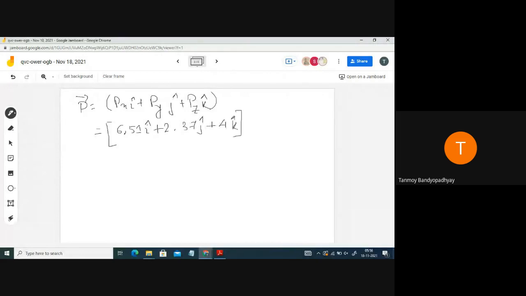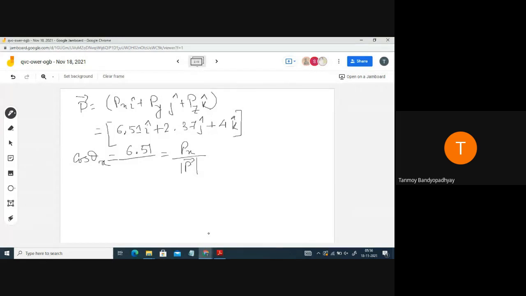Now how to calculate cos theta x, that is the direction vector actually. Cos theta x is 6.51 divided by the magnitude of vector P, that is Px divided by magnitude of P. The magnitude of P will be 8 itself.